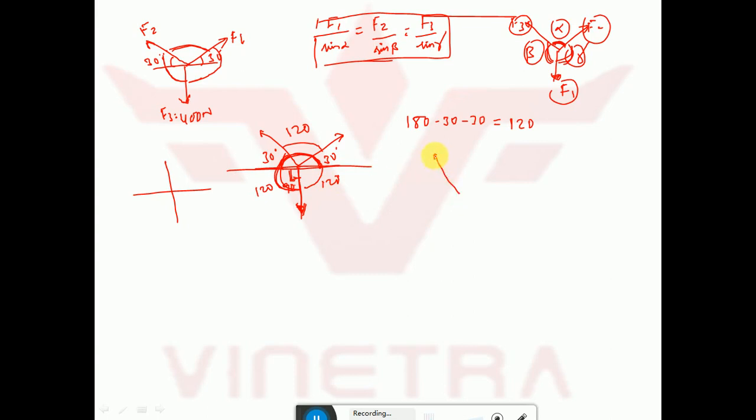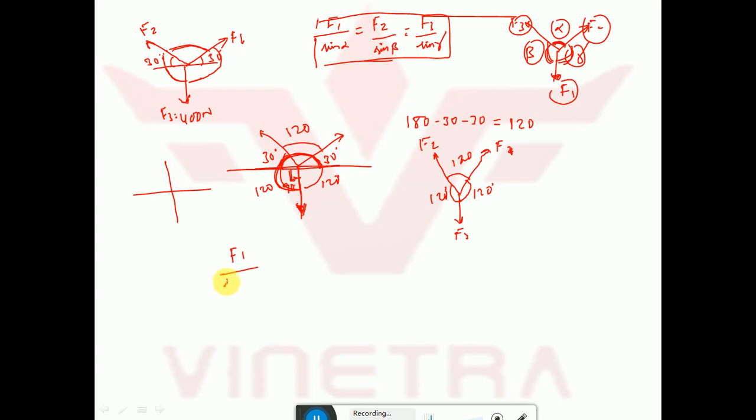So if I draw them once again, F3, F1 and F2. This is 120 degrees, 120 degrees and 120 degrees. All the angles are becoming 120 only.